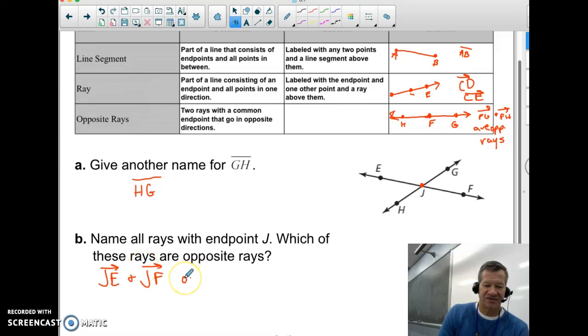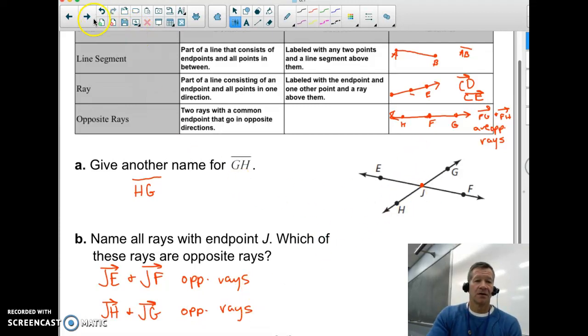So those are opposite rays. And then JH and JG are also in opposite directions. So those are opposite rays as well. You notice 2 opposite rays create a line.